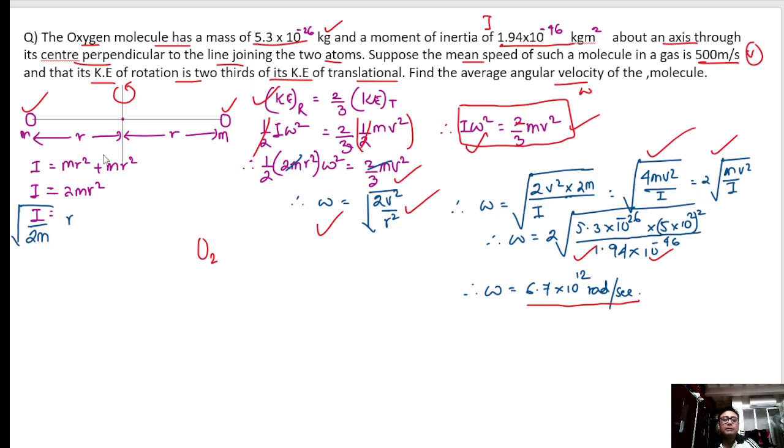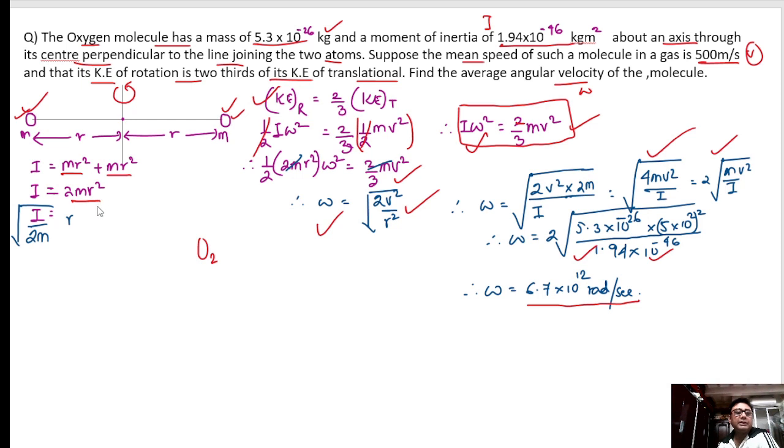So please watch here one thing. So friend, let's see the next sum. Here, as you can see, these are the two atoms M and M, and this line is bisecting it. So let the distance be R and R. So what is the moment of inertia? This is the moment of inertia.